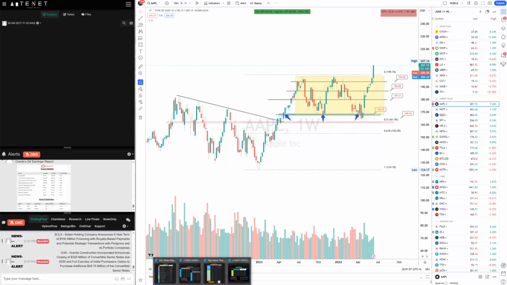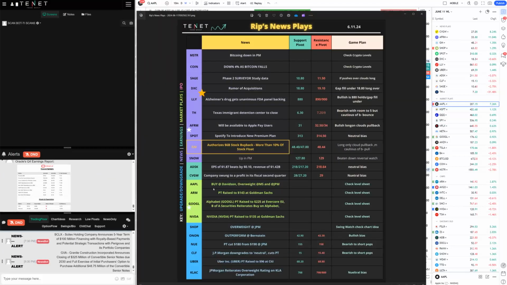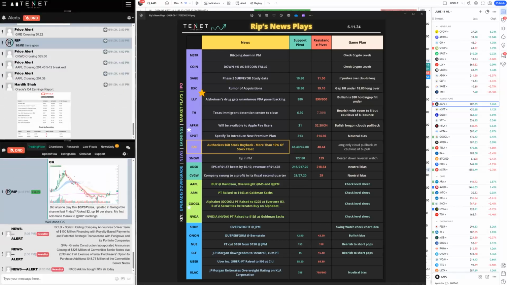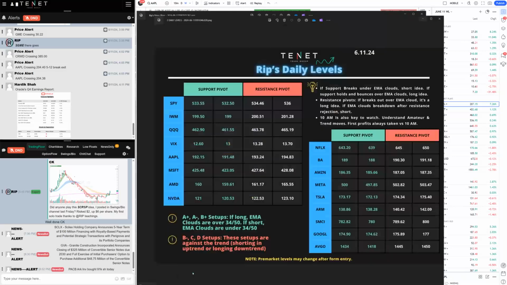Let's look at the morning plan. In the morning plan, we had an upgrade from Davidson, an upgrade from Morgan Stanley, and an upgrade from JP Morgan. So we had triple upgrades, and we covered this in our game plan. Then we have these levels in our level sheet. For Apple, support was 192, 191, resistance pivot 193.24 and 194.83.